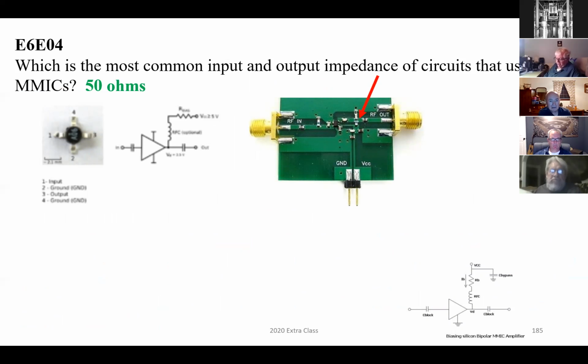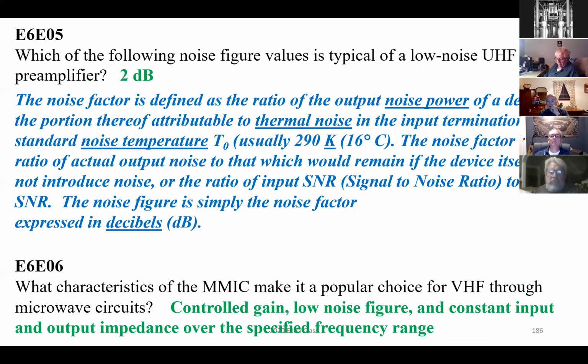Which is the most common input and output impedance of circuits that use MMICs? It's going to be A, 50 ohms. Okay, number 5. Which of the following noise figure values is typical of a low noise UHF preamplifier? It's going to be A, 2 dB.